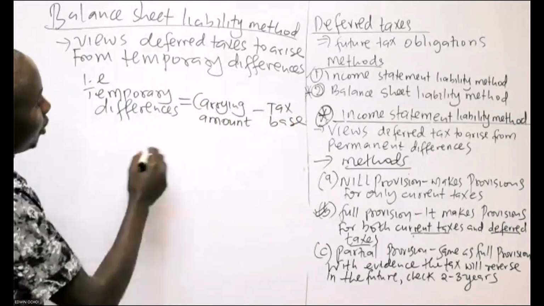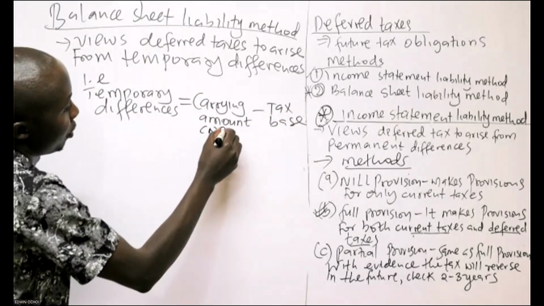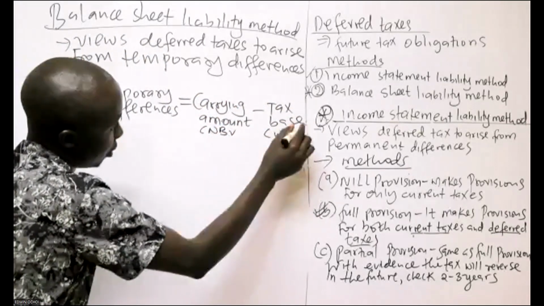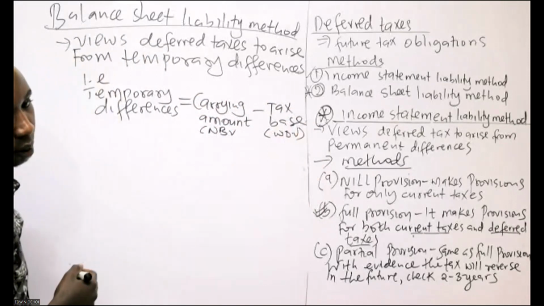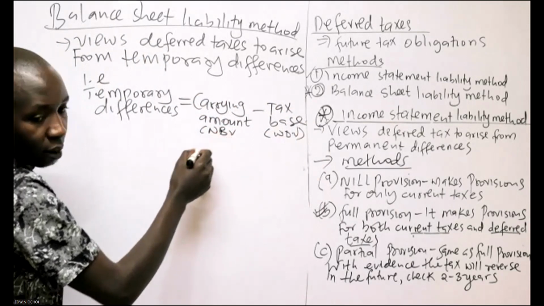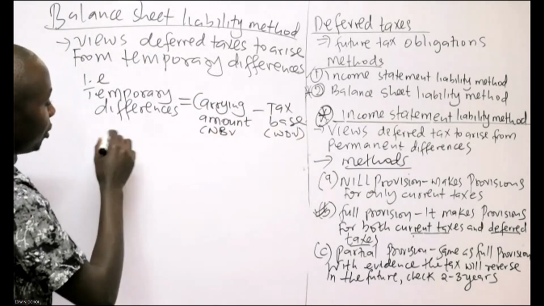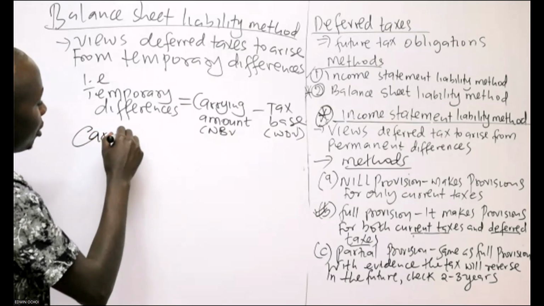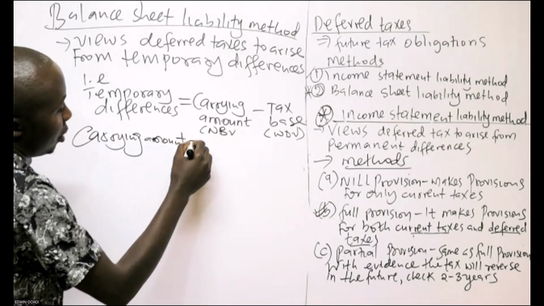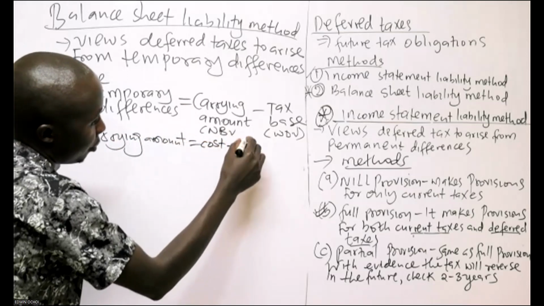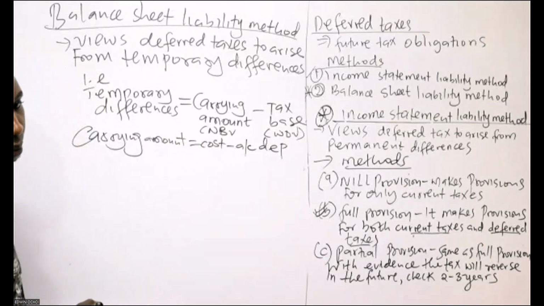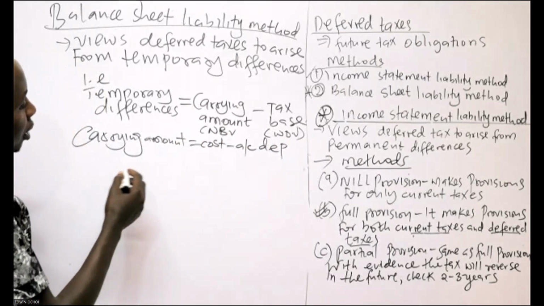What about carrying amount? This is the same as net book value, the same as written down value. When we talk about carrying amount, it's cost minus accumulated depreciation, which is the net book value.